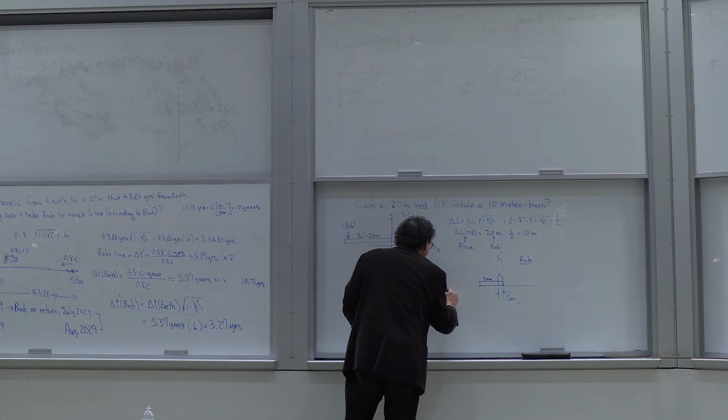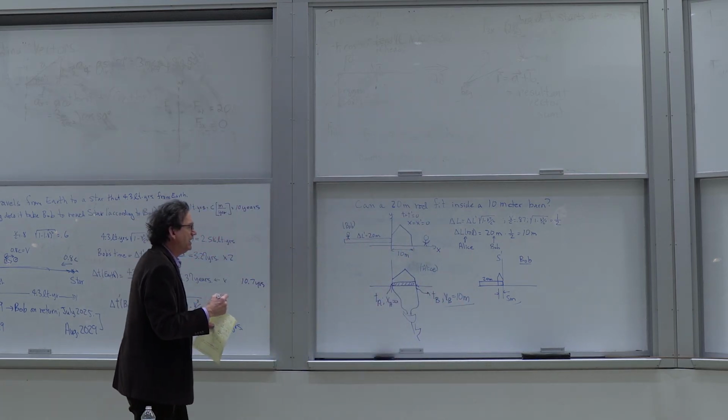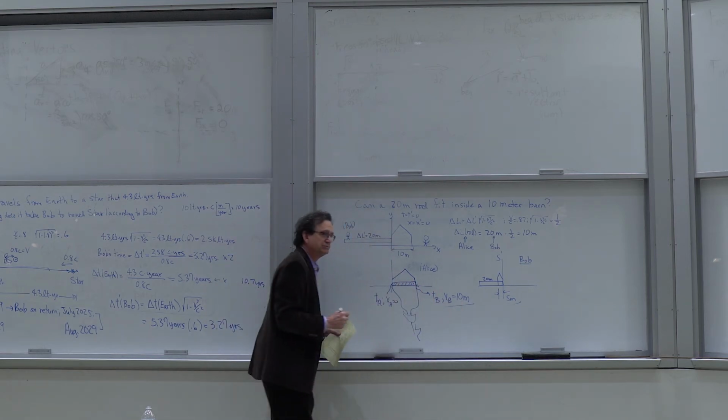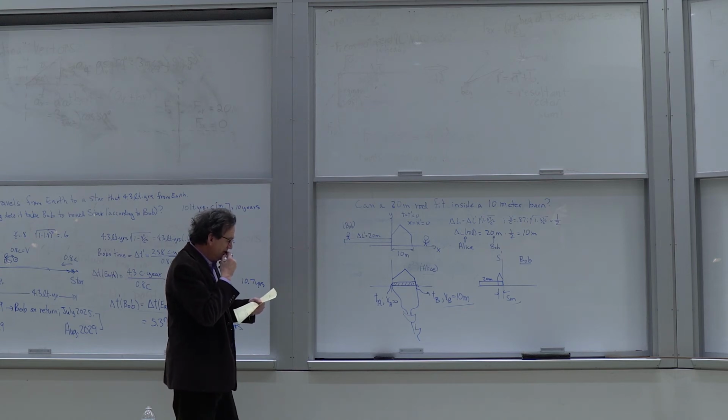T sub b occurs at x sub b equal to 10 meters. So in her frame, the right end of the barn is at 10 meters from the origin.